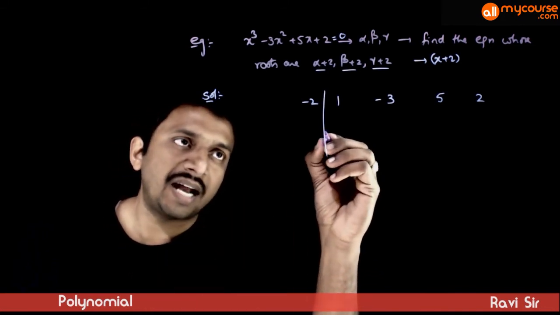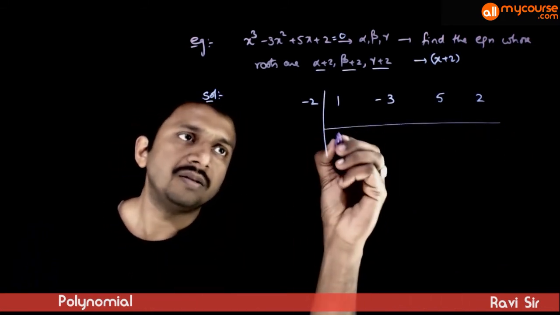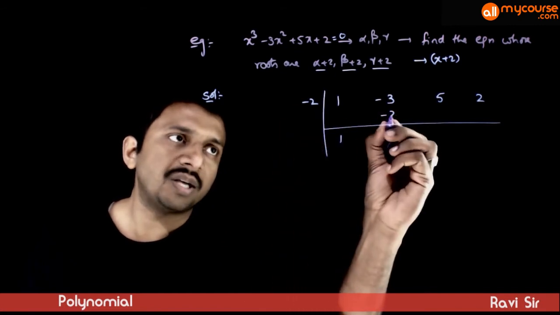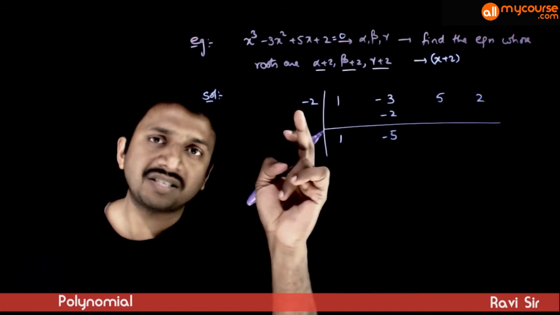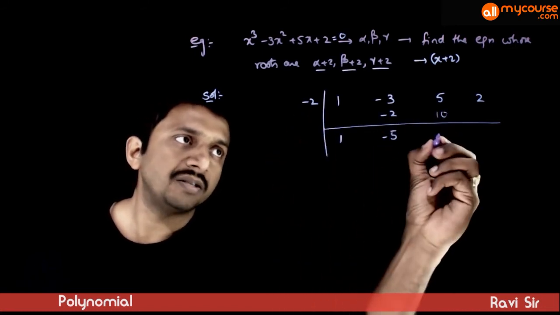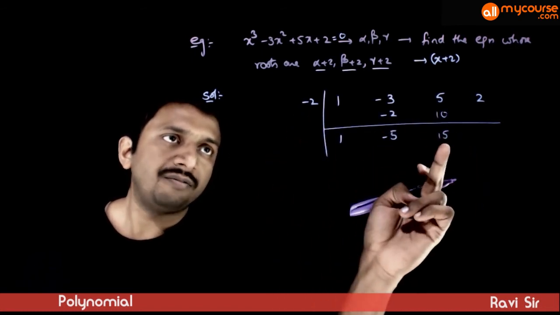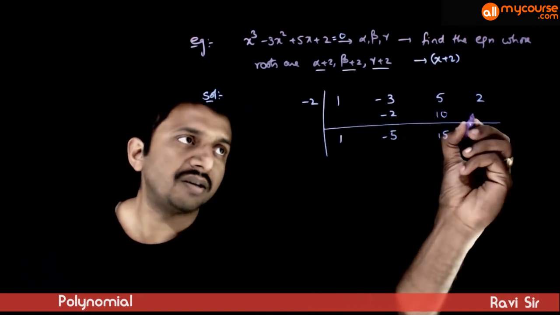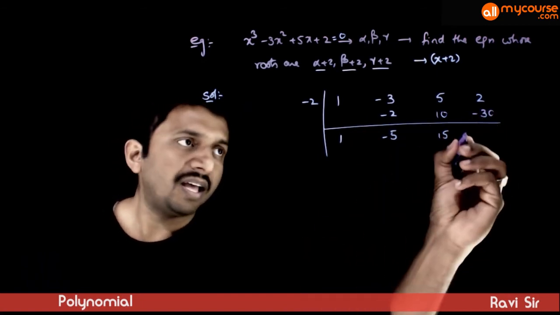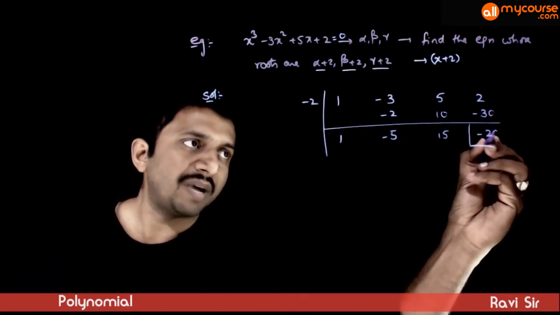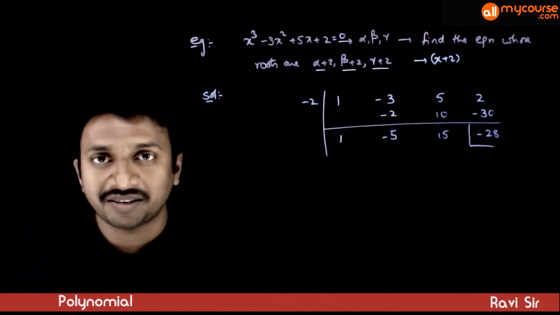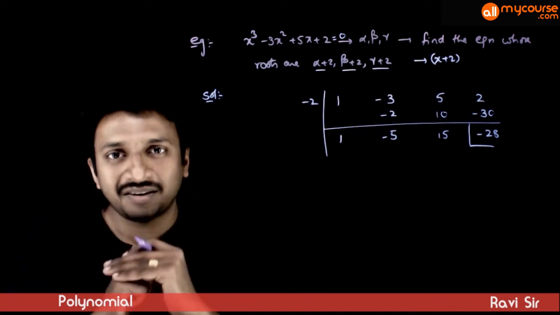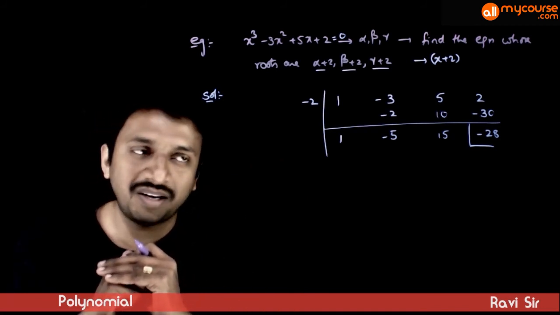Let us start. 1 into minus 2 is minus 2, minus 3 minus 2 is minus 5, minus 5 into minus 2 is 10, so you get 15. 15 into minus 2 is minus 30. Hence, the first remainder is minus 28. That means the last coefficient is minus 28.